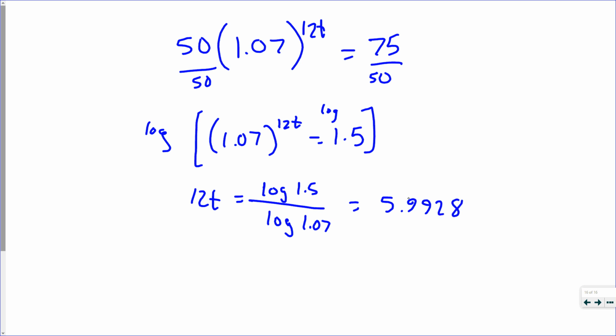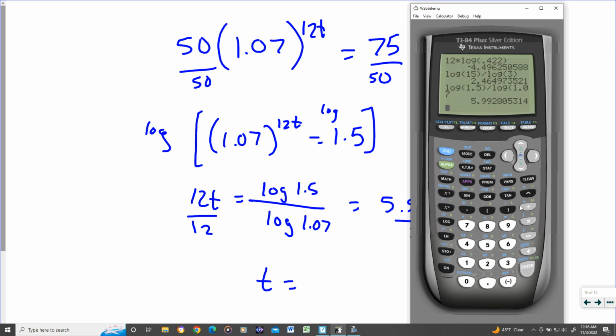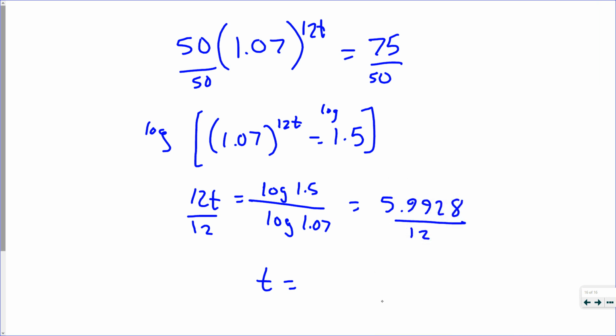And then all we do is simply divide by 12. And so we get t equals 0.4994, about 0.4994. And there we have it.